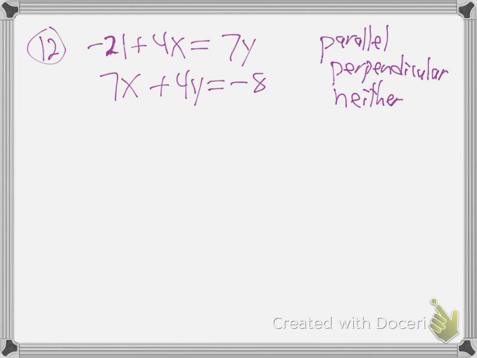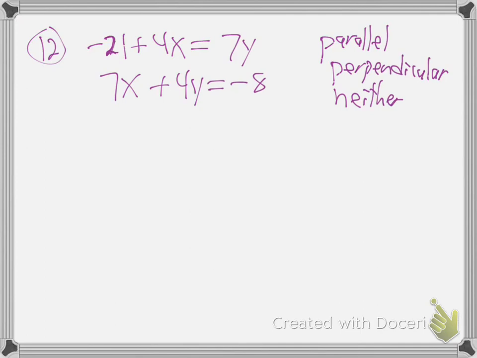Get y alone for both of them. Find the slopes and compare the slopes. Remember, parallel lines have the same slopes, same steepness. Perpendicular lines have completely opposite slopes, upside down, one positive, one negative. Remember that? And then neither is somewhere in between.